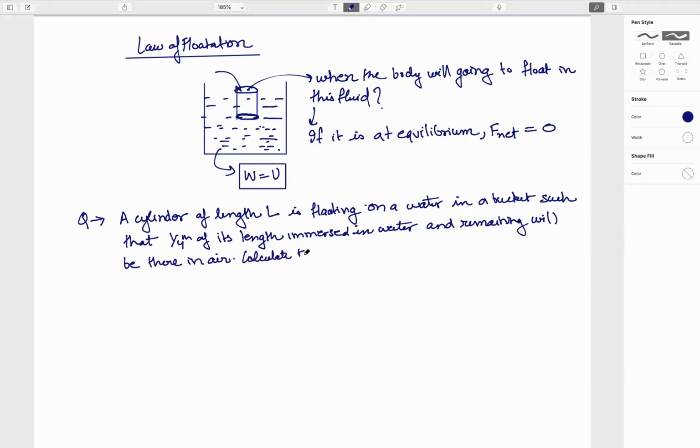Calculate the density of the solid if the density of the fluid is 1000 kg per meter cube.